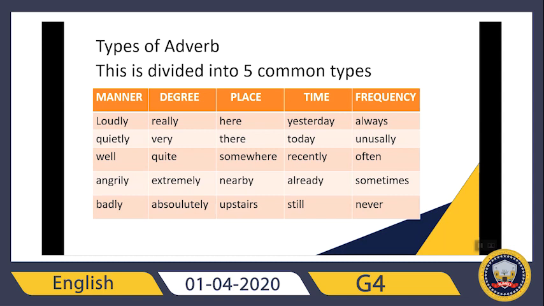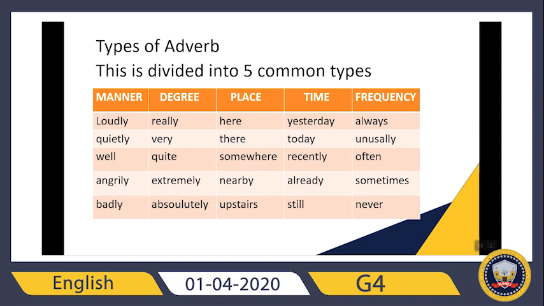So under the adverb of place, we have here, there, somewhere, nearby, upstairs. Under the adverb of what? Time, we have yesterday, today, recently, already, still. And under the adverb of frequency, we have always, usually, often, sometimes, never.